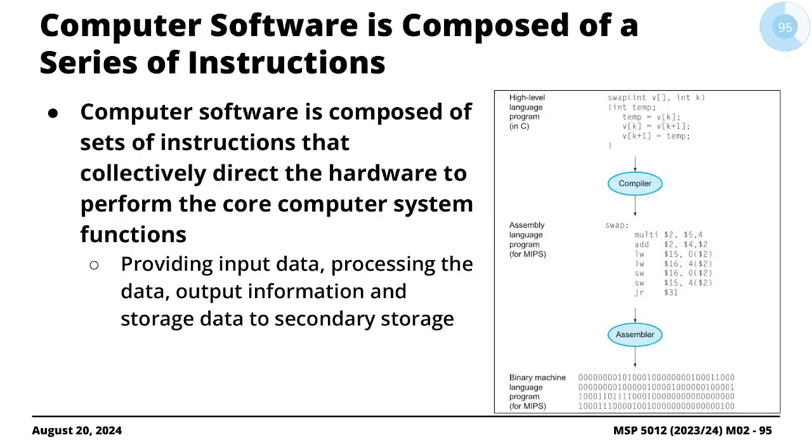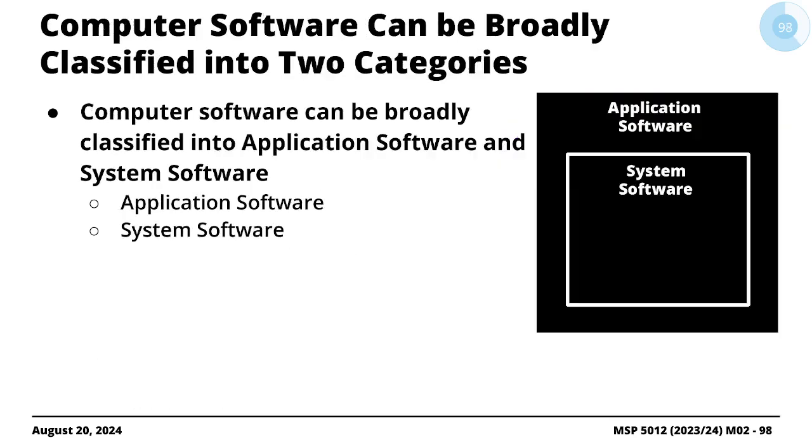And we also made mention of the fact that when instructions are being created, there are different types of instructions that can be used. There are high-level programming languages, assembler language instructions, and also machine code, ones and zeros as they're commonly called. And then we broadly distinguished application software and system software.